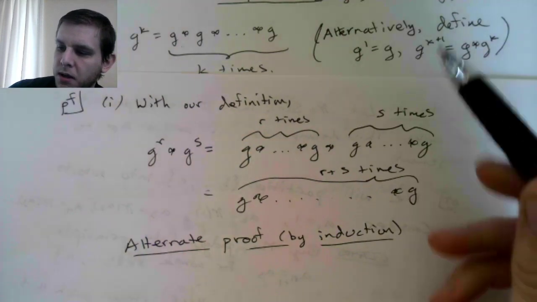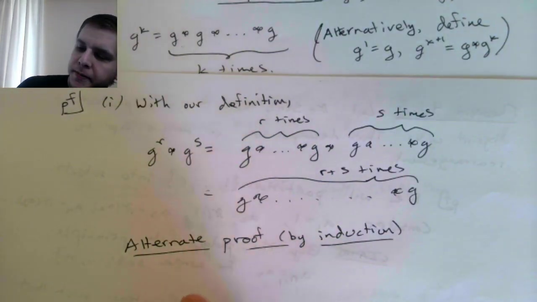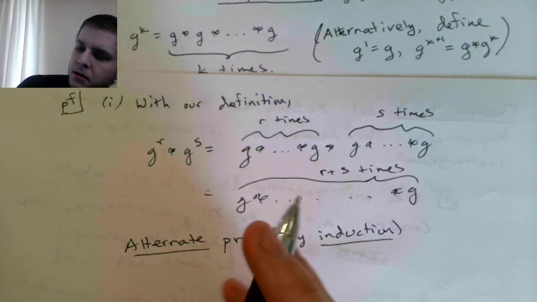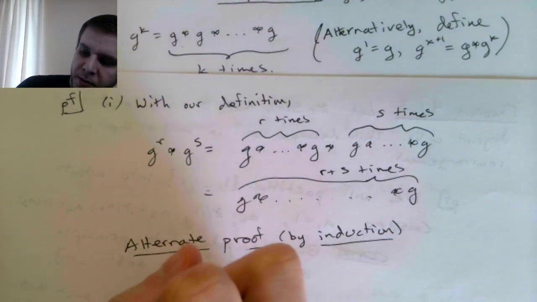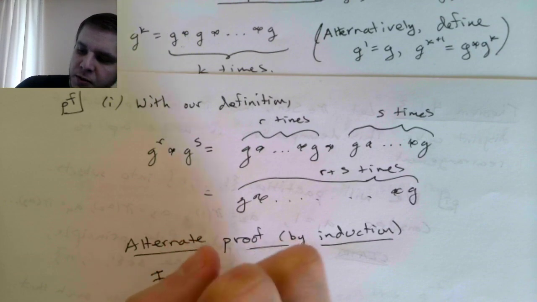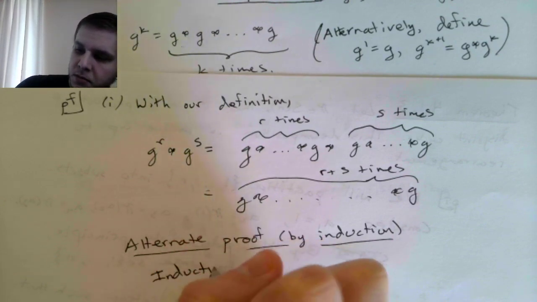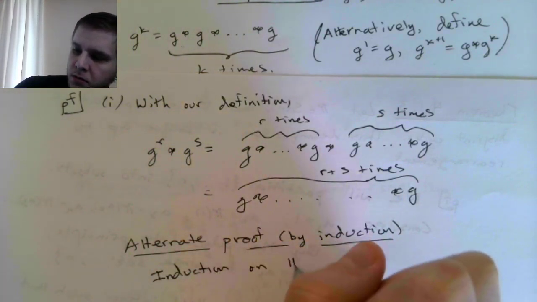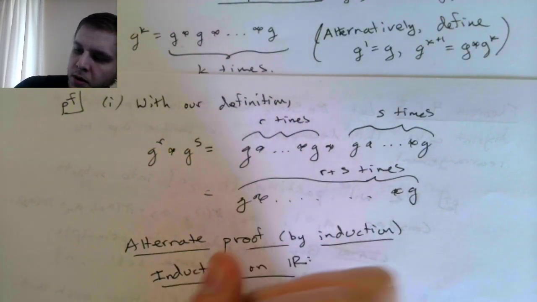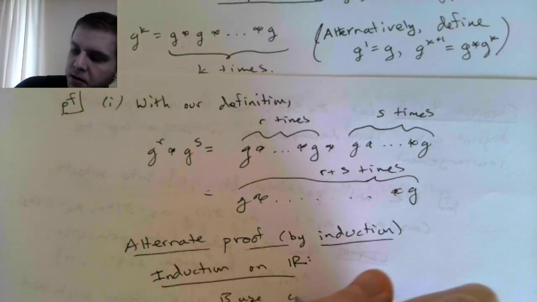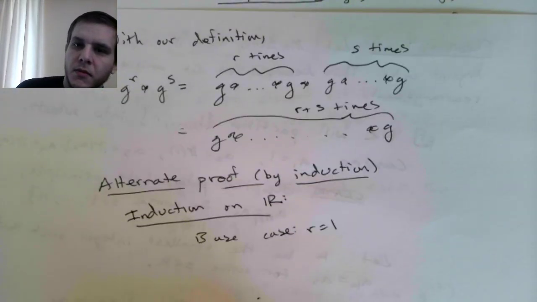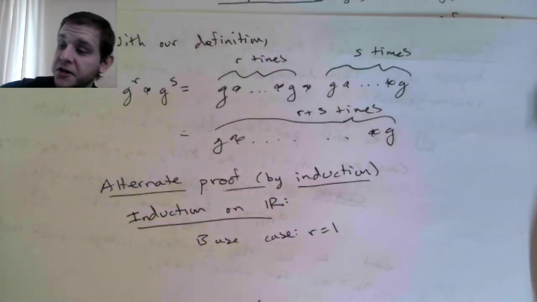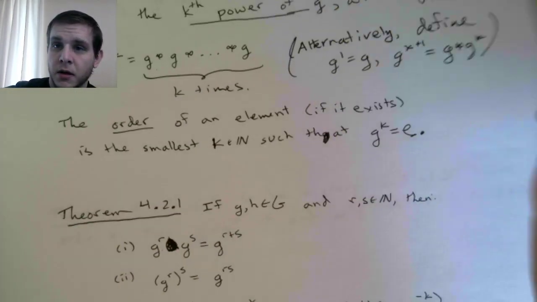So what's going to happen? The claim. What's the base case? We're going to do induction on R. So the base case is R equals 1. And this is just the definition of G to the R plus 1.